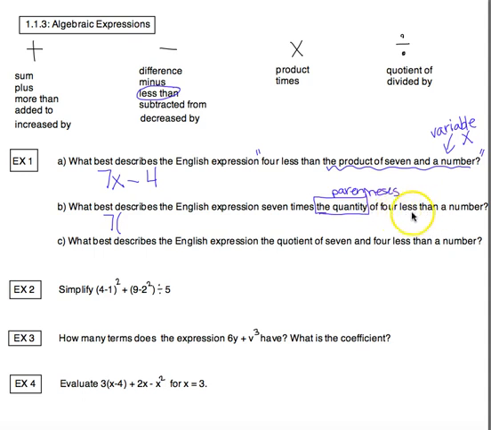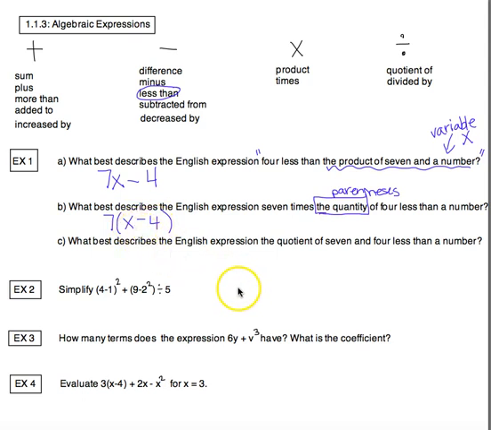So remember, that means it goes second. What is it less than? Less than just a number. So we start with a number, which is X. We do 4 less than that. And because it said the quantity, we put this in parentheses. So you can see how A and B are different in the way that the words go and in this.